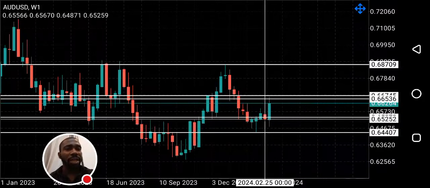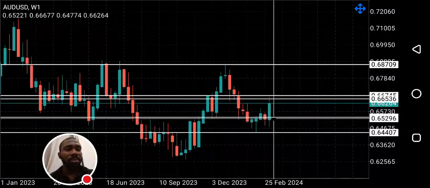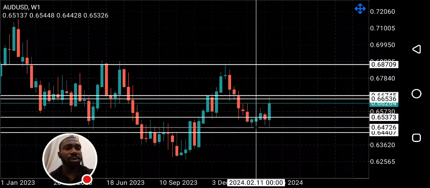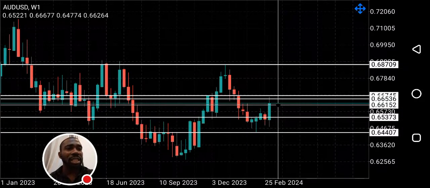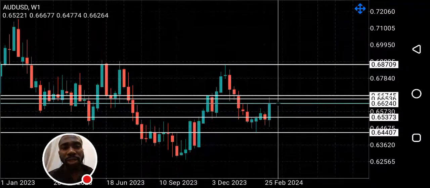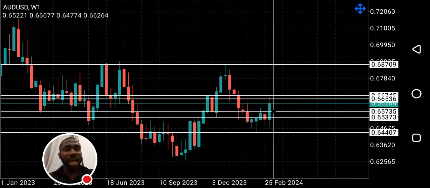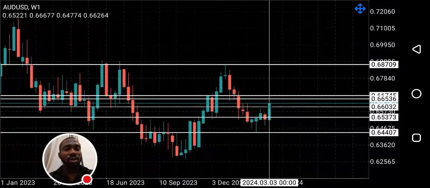Since you didn't buy at this point or this point, and price is currently trading at this level, it will not be wise to buy Australian dollar USD at the current market price, because the risk you would be taking is very high.